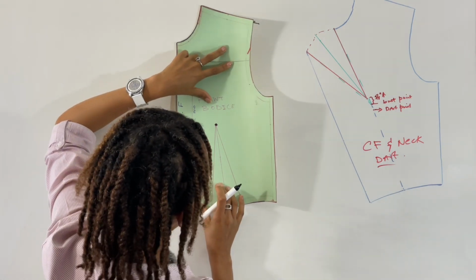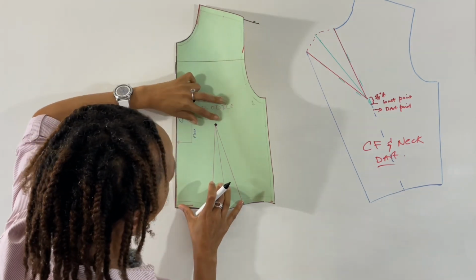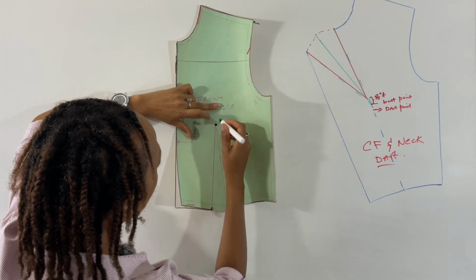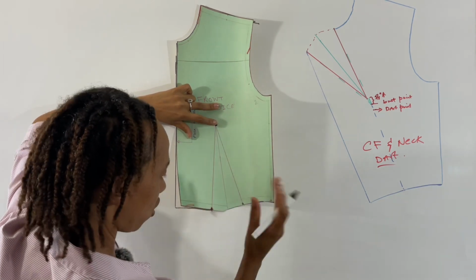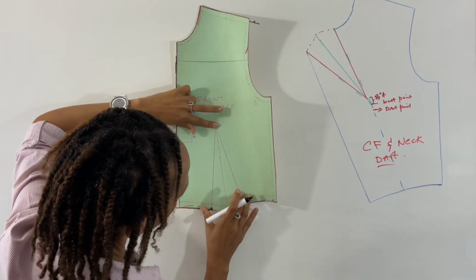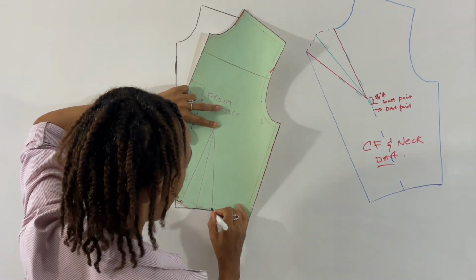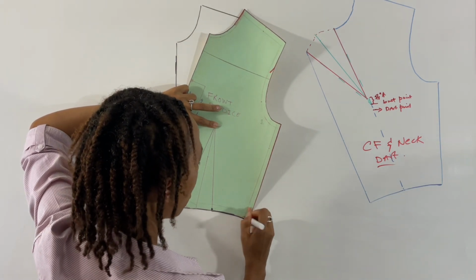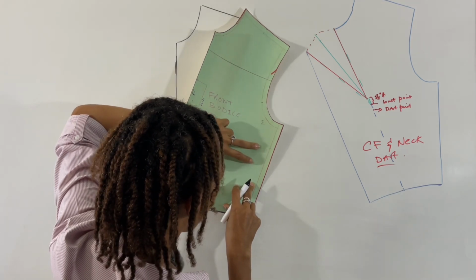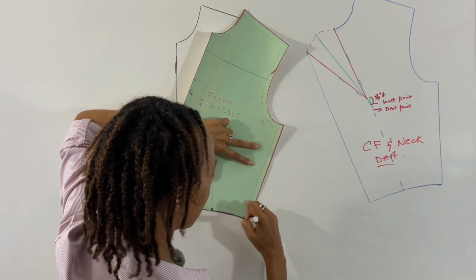You're going to close this dart. So we're going to pivot, all right? So you have your thumbtack if you're using paper, and you're going to pivot and close this dart. And we're going to trace the other part of the dart. Try not to shift anything.